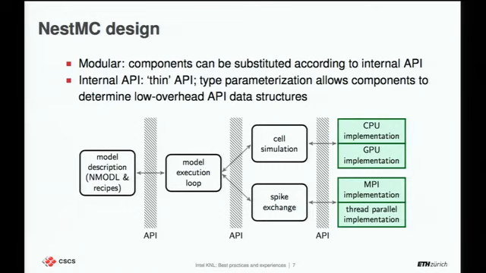For example, for the spike exchange, you have an MPI implementation or a TBB implementation or both. And similarly, for the cell simulation, you basically describe your model. There is an interface in C++, internal inside the code, and then you have different backends for CUDA, for CPU, for KNL. You can create different backends.